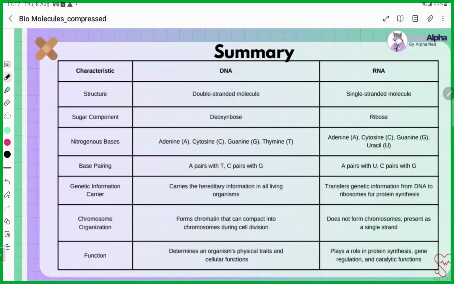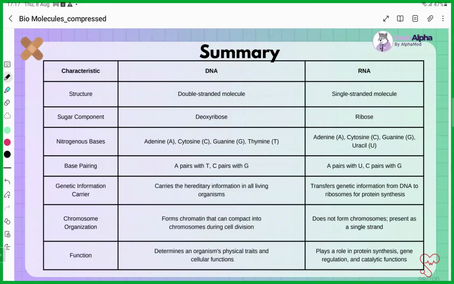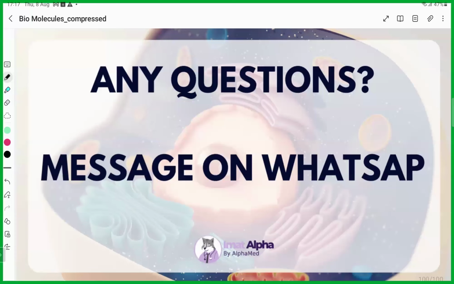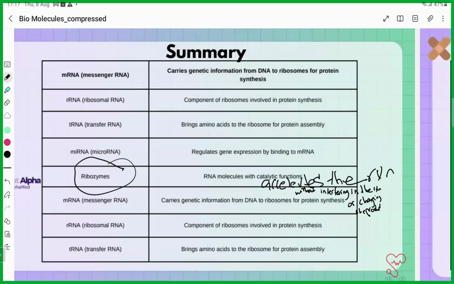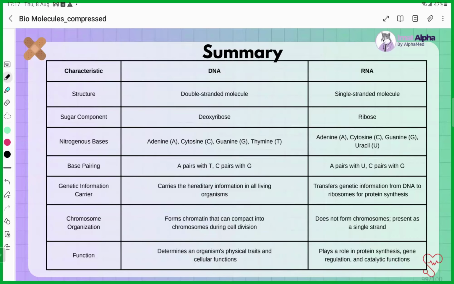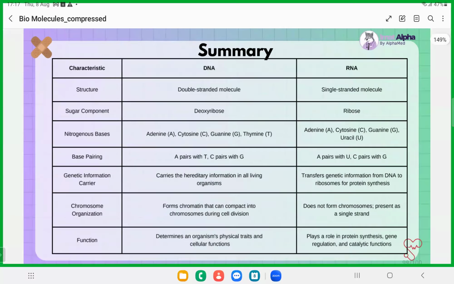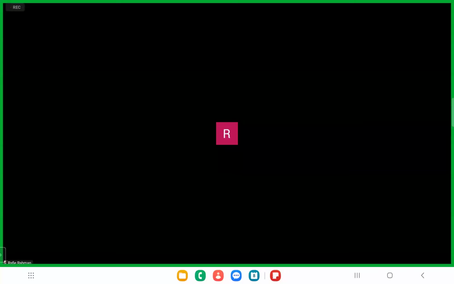So here we have the comparison, and we're done. We spoke so much about them. Let me see if there's anything new to say. Yeah, everything you already know. So we're done with the first slide, I mean, with this PDF.